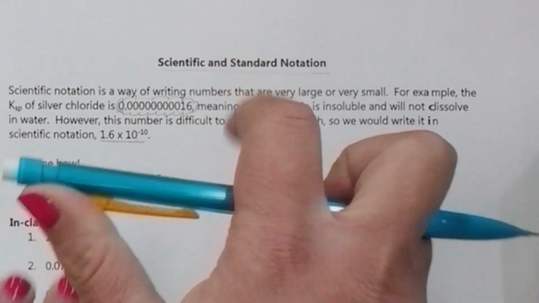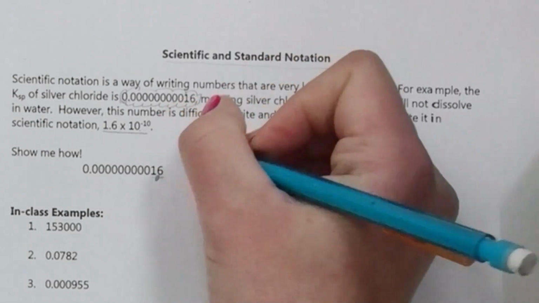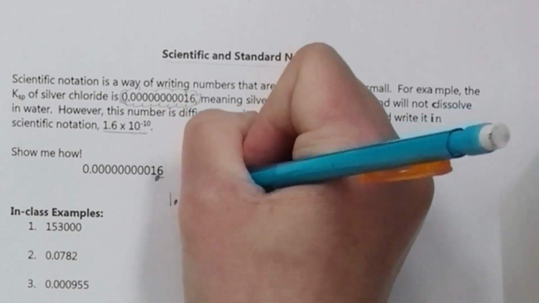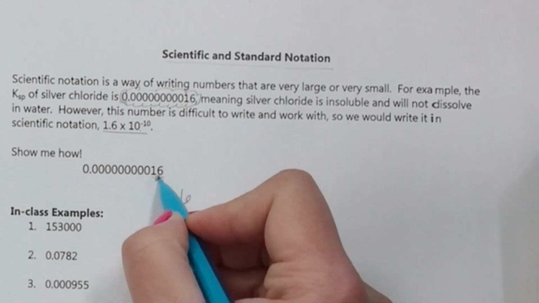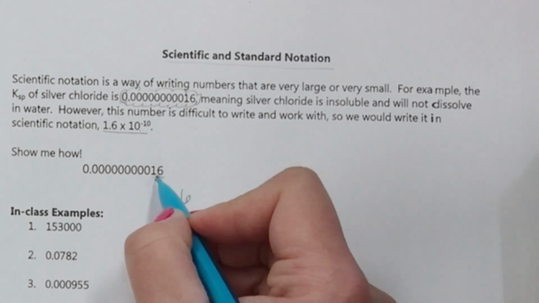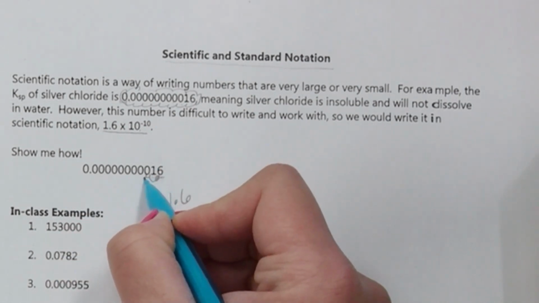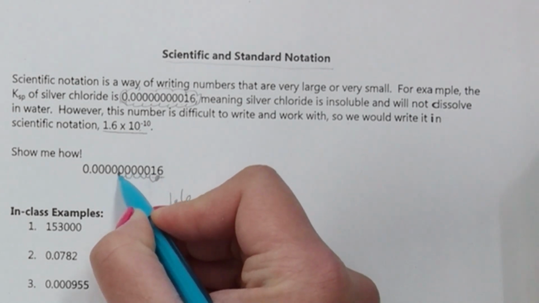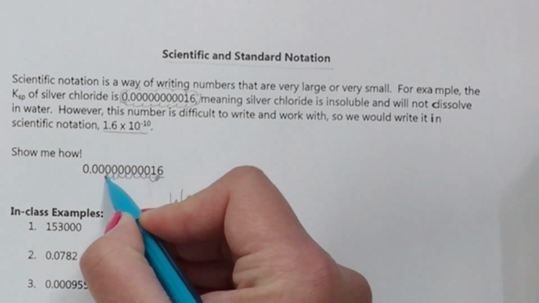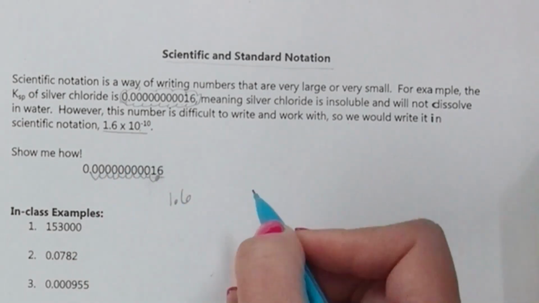So I'm going to put a decimal place in between that value. So it would essentially be 1.6. Now, my decimal place moves to the left 1, 2, 3, 4, 5, 6, 7, 8, 9, 10 times.